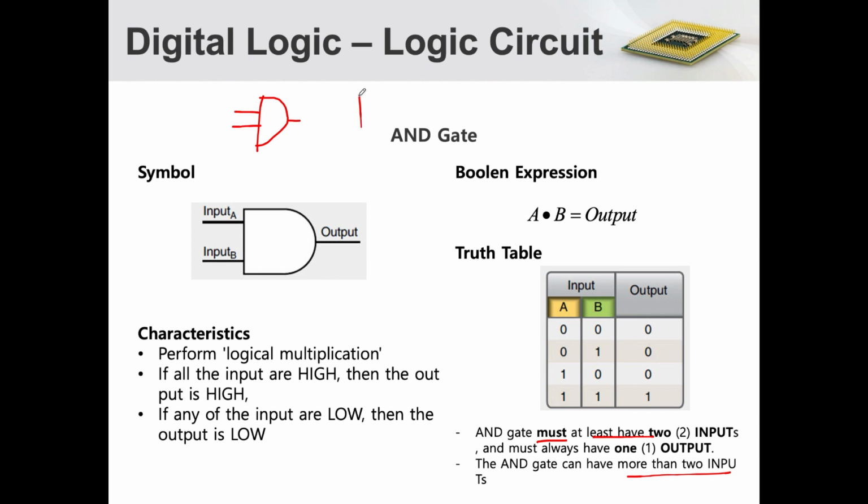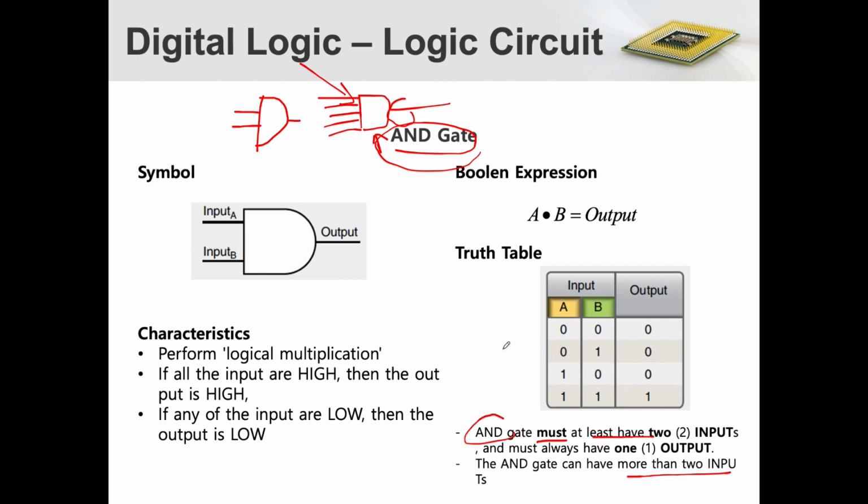So if let's say you have this kind of gate, this is also called an AND gate, because it has, let's say over here, 5 inputs but 1 output only, so it is known as an AND gate.